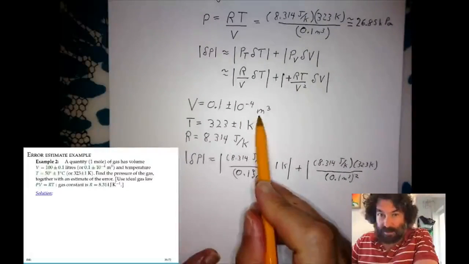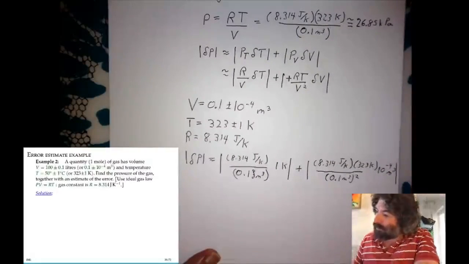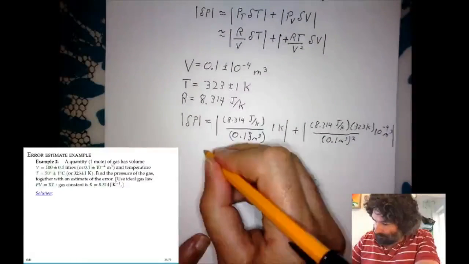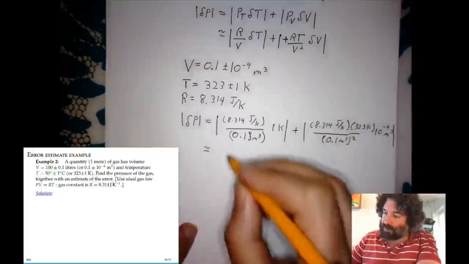The error in the volume was 10 to the negative 4th cubic meters. All right, and so we calculate all that, and we get that this is 110 pascals.